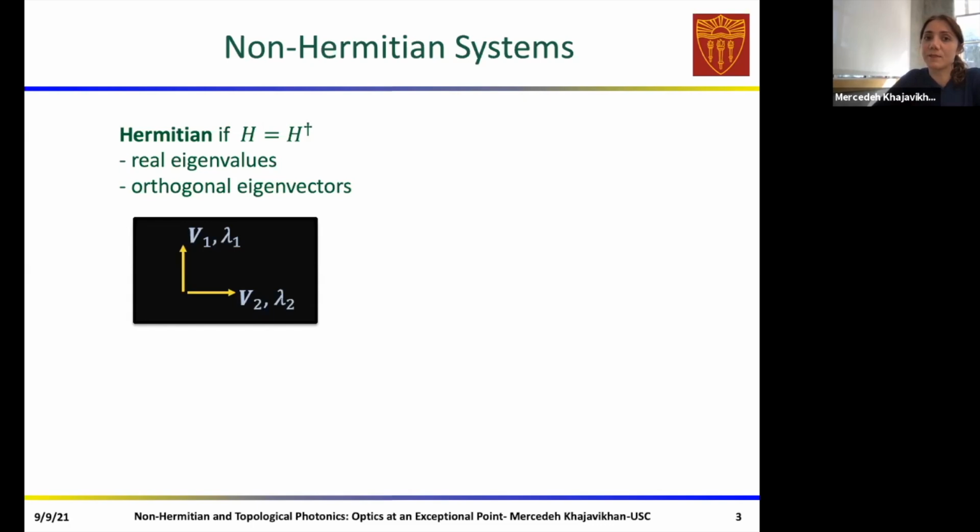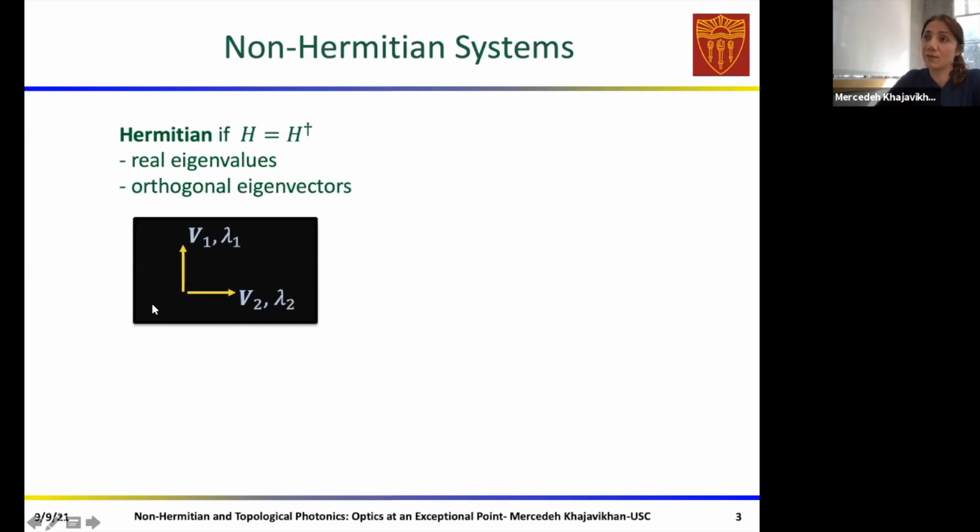And Hermitian Hamiltonians are basically, as we know from linear algebra, such that this H, the function or the matrix that represents the system, is equal to its adjoint. It's basically self-adjoint. And that means that in this type of system you have all the eigenvalues real and all the eigenvectors orthogonal to each other.